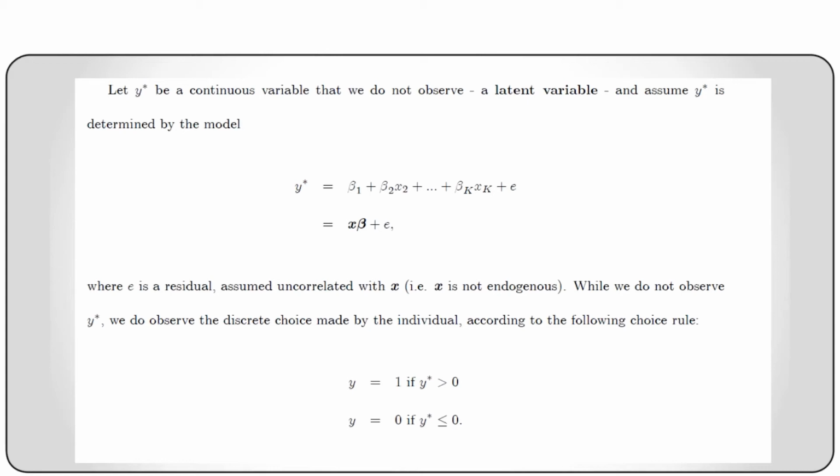Some individual characteristics we don't observe, and these are contained in the random error epsilon. So we define a net utility of migrating from East Germany to West Germany, which is equal to the sum of the systematic component plus the random component, equal to x prime beta plus epsilon.